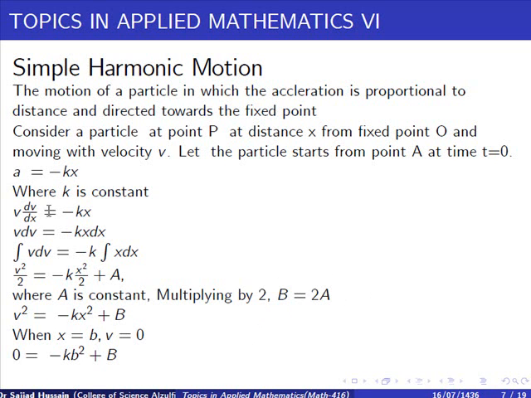We have integrated this equation and we obtained the relation in v, but b is unknown. We have to find this unknown constant b. We will use some initial condition.